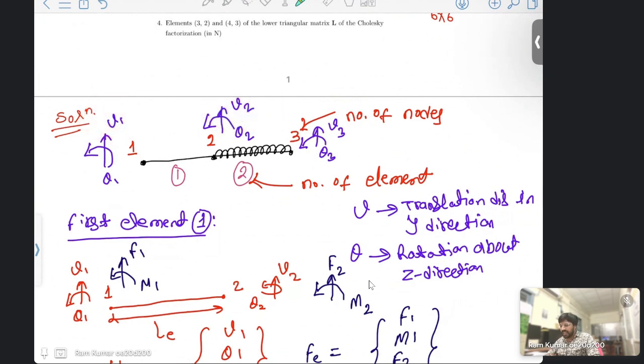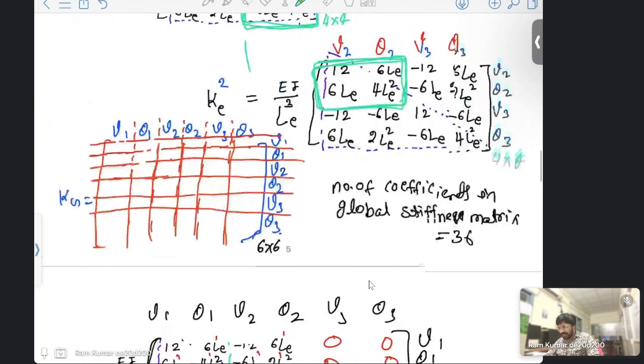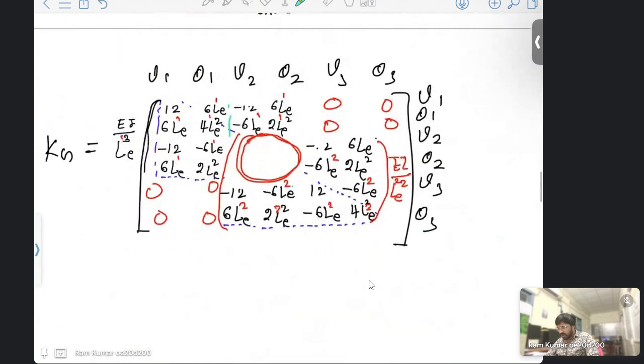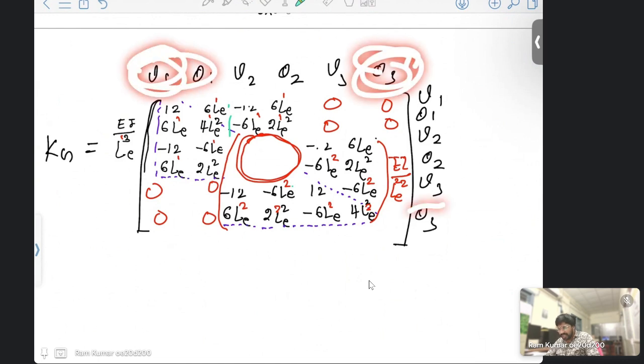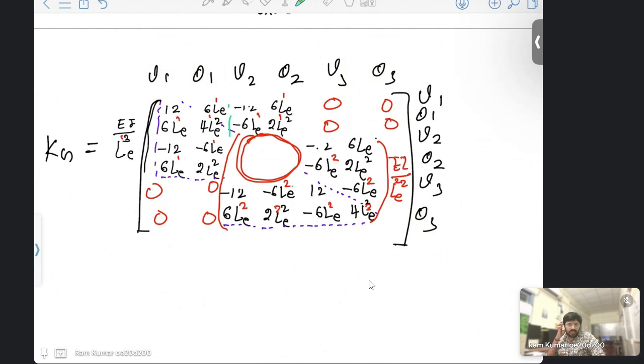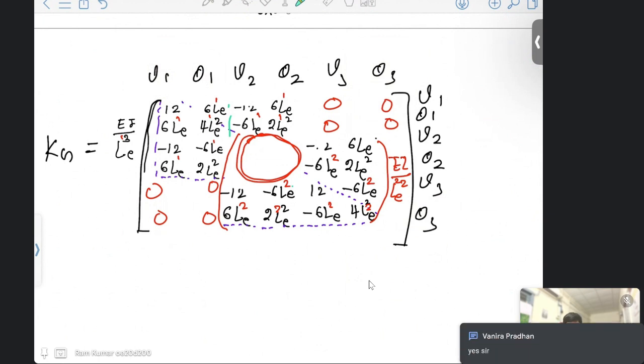Similarly, theta 3 doesn't have any effect on theta 1. So 1 3 will be zero in the global matrix. So B1 and theta 3, this will be 0. Similarly, this will also be 0. Yes? Yes, sir. Okay, hopefully you got it.